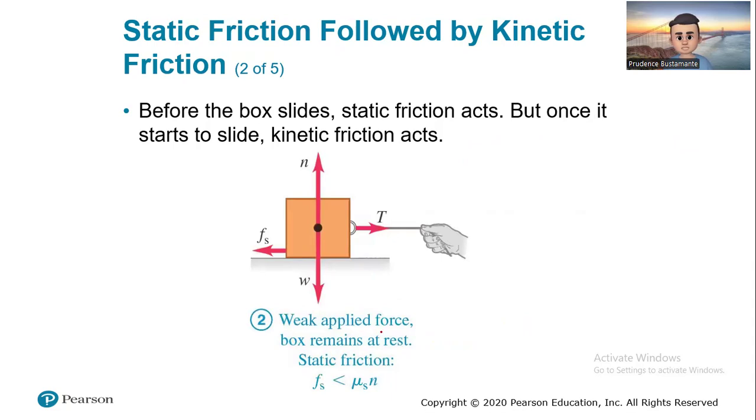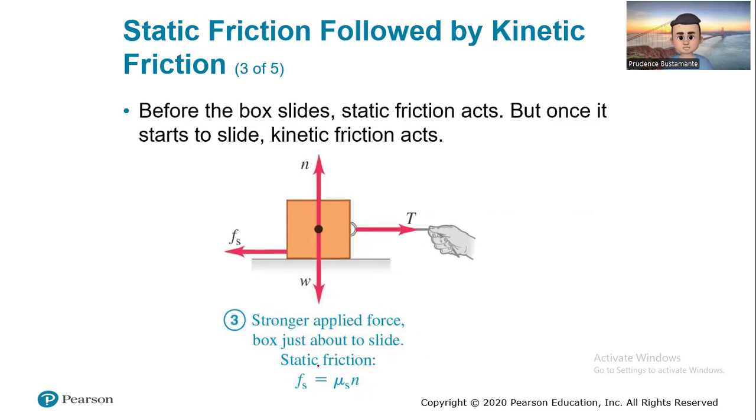However, if you apply a weak force, the box remains at rest, but the static friction is no longer 0. There is now a friction. This is called static friction. But the value of that friction is less than the coefficient times the magnitude of the normal force.